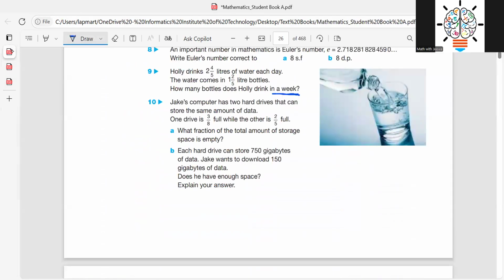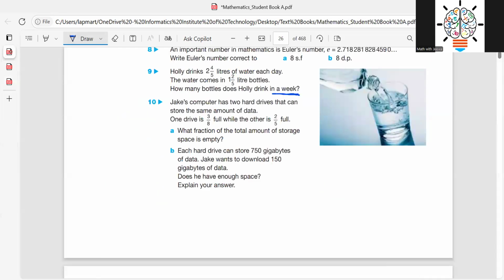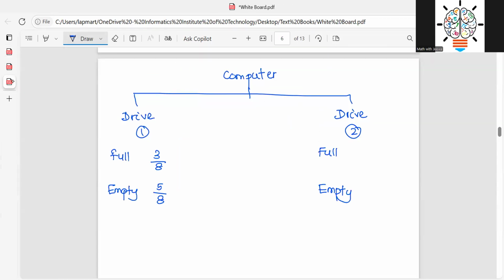Now here in the first drive, 3/8 full, right? So here full, 3/8. So definitely the empty portion is what then? Here the empty portion is 5 over 8, right? So for drive 1, the full and empty, I want to check. Both of them have the same capacity. Though they are talking about different fractions, 2 over 5 is full. Therefore, 3 over 5 should be empty, right?